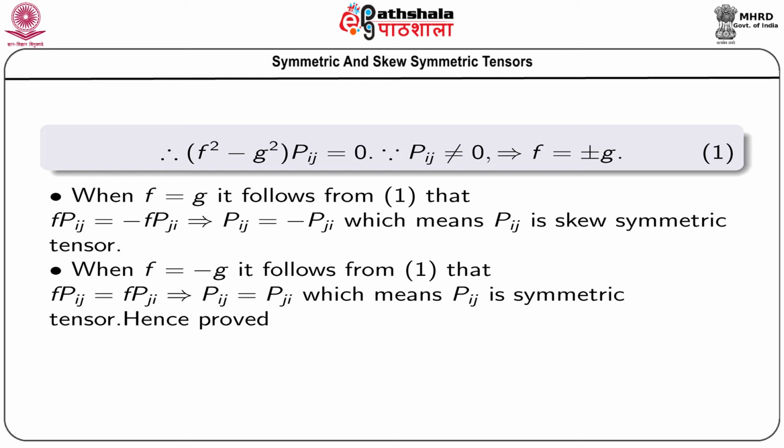That means, Pij is a symmetric tensor. Hence, it was proved that when f equals g, Pij is a skew symmetric tensor, and when f equals minus g, Pij is a symmetric tensor.